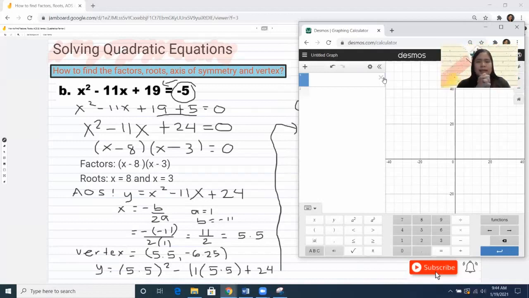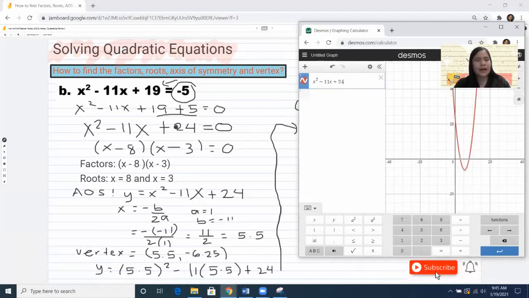Okay, so let us type the equation. So we have x squared minus 11x plus 19 equals negative 5. So this is a different one, that's why you must simplify it already. So we can type this one, plus 24.